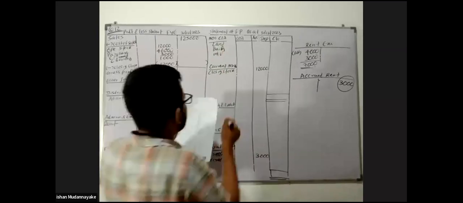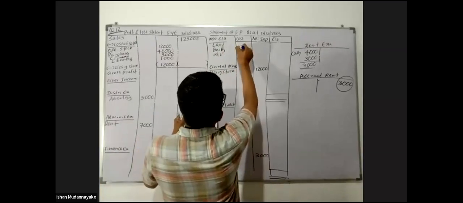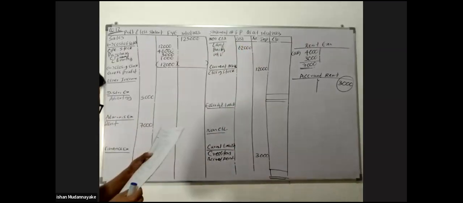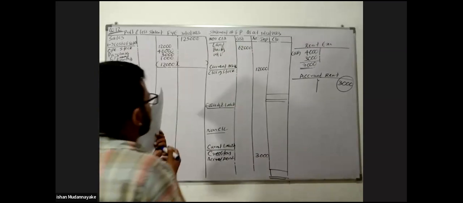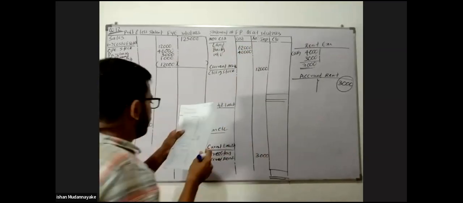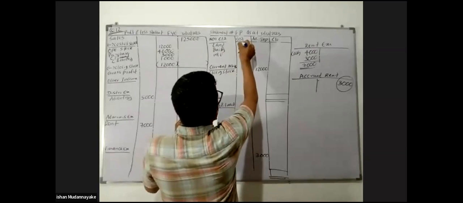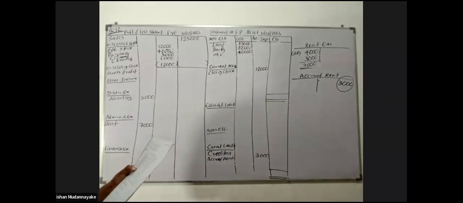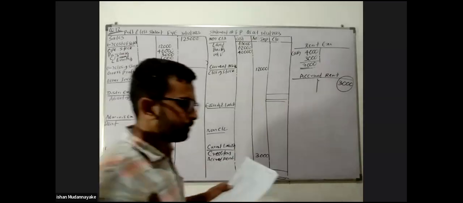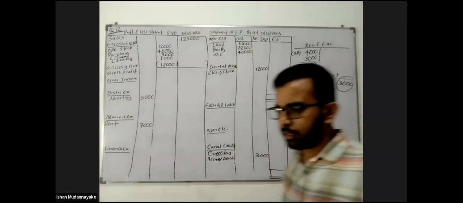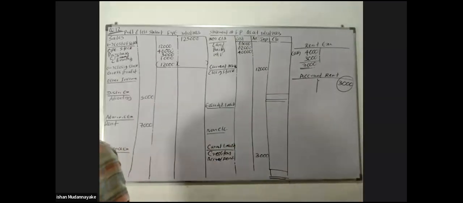Building 62,000, first line. Motor vehicle 40,000. Land 65,000.